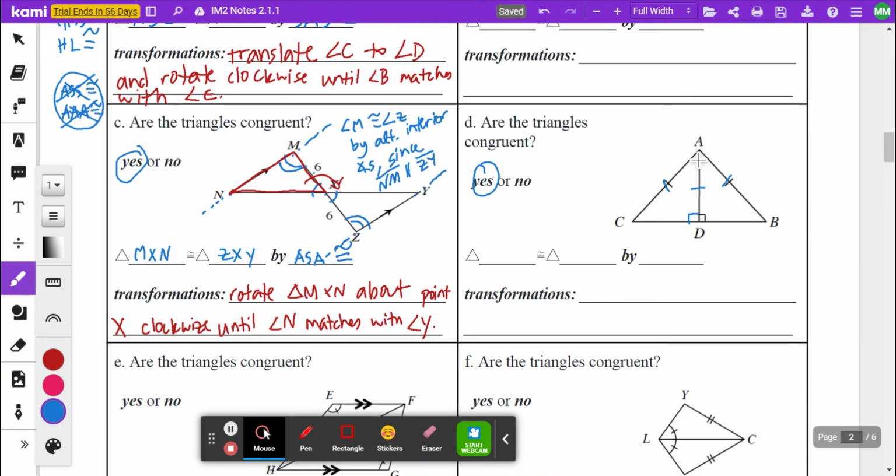And this line right here is the same line for each triangle. So it has to have the same length for each triangle. So let's make our congruent statement. This is going to be by hypotenuse leg, which is only allowed for right triangles. And we have triangle ADC is congruent to triangle ADB.